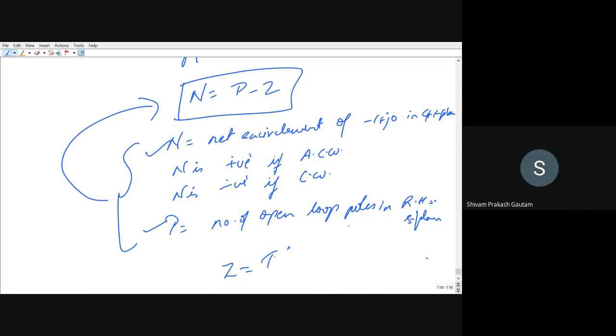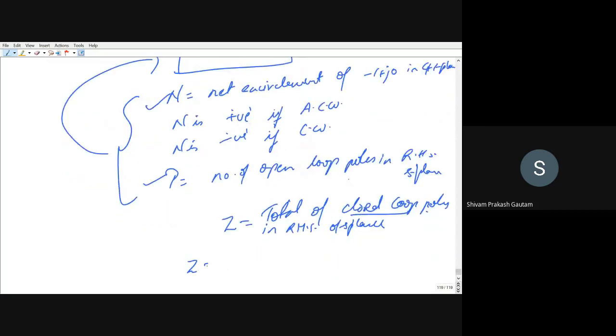Z is the total number of closed loop poles in the right hand side of the S plane.